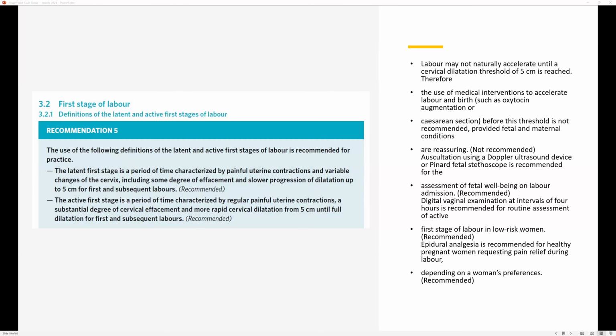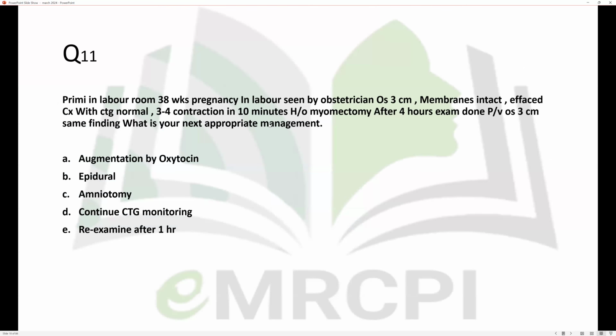Auscultation using a Doppler ultrasound device or Pinard fetal stethoscope is recommended for the assessment of fetal well-being on admission. Digital vaginal examination at an interval of 4 hours is recommended for routine assessment of the active first stage of labor in low-risk women. Epidural analgesia is recommended for healthy pregnant women requesting pain relief during labor, depending on woman's preferences.